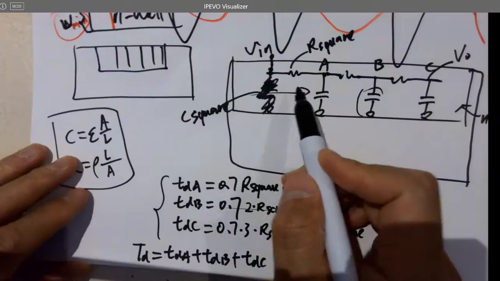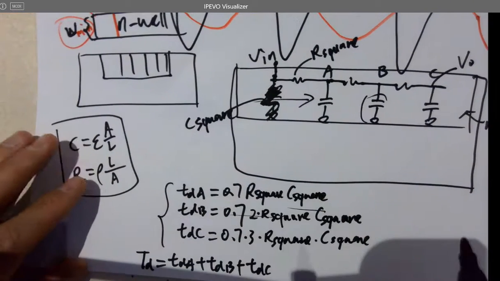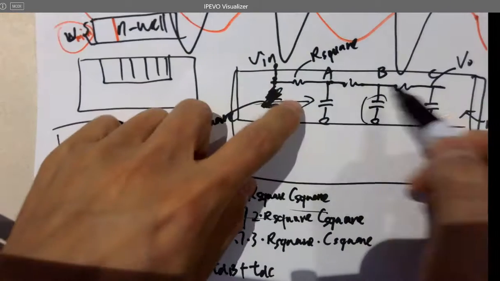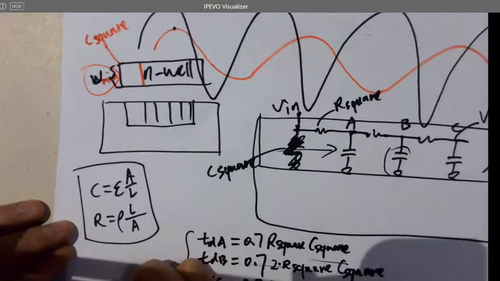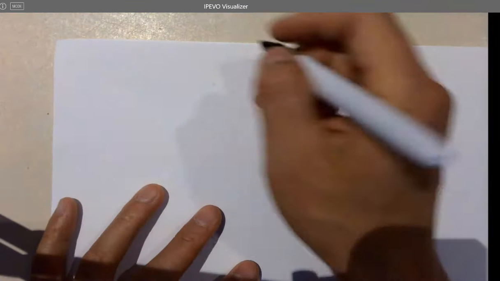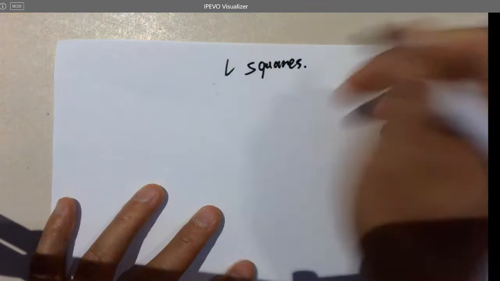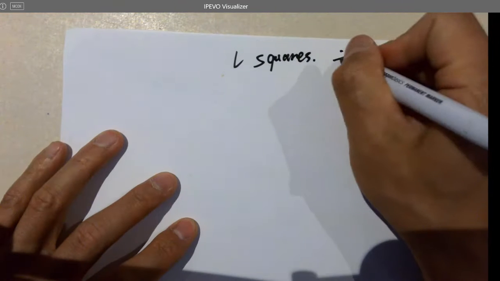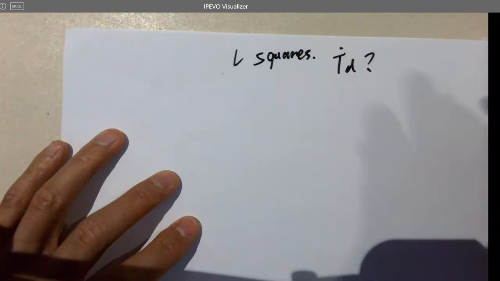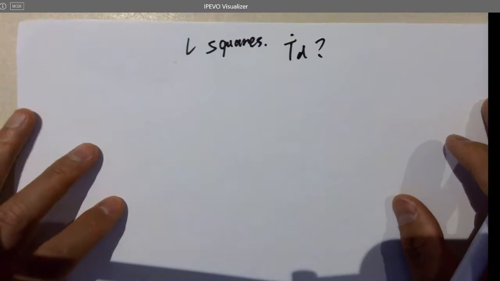So if you have L squares, so L is a length, right? So length usually is a number of how many squares you have. What's the time delay, TD, or the overall TD, for L squares?